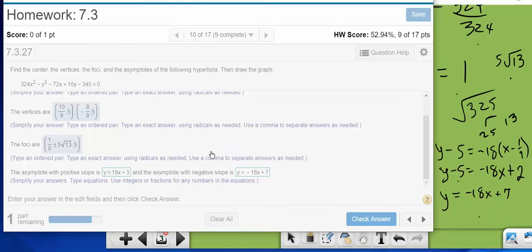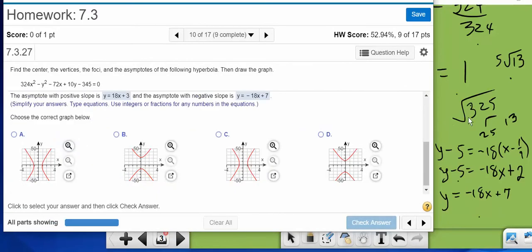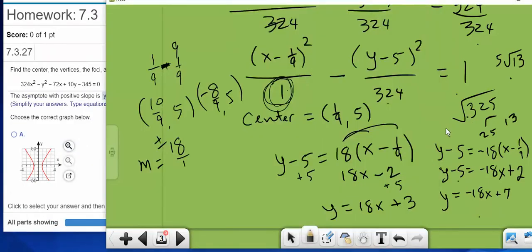Okay. Now the graph. So again, we're going to go to the center, which is 1/9, 5, so something like this. And then in the x direction we go plus 1, minus 1. Y direction we go 18, 18.